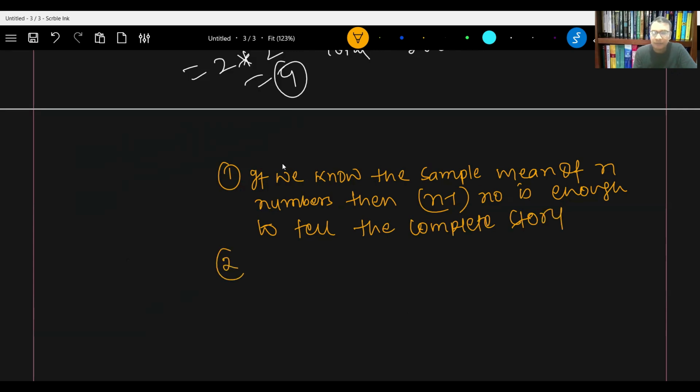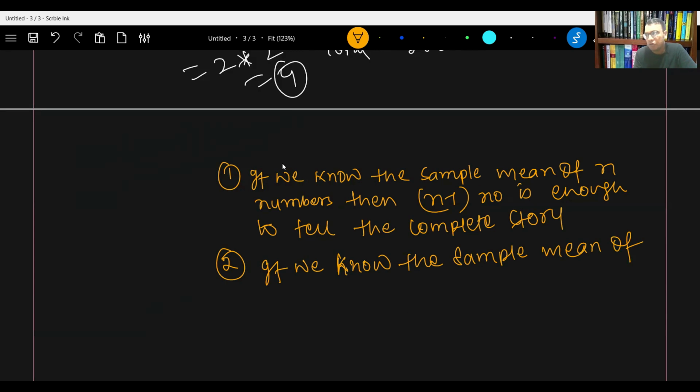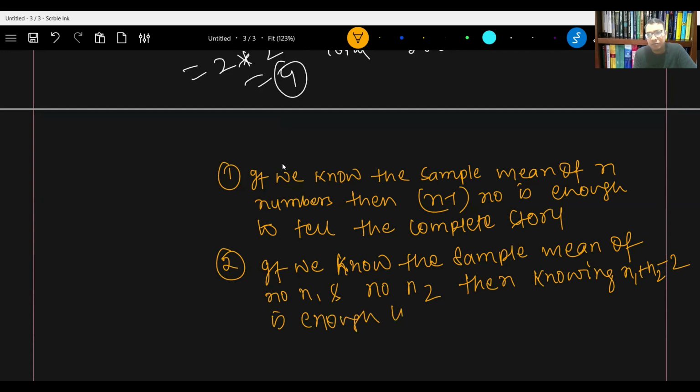Second, if we know the sample means of two sets, with n1 and n2 numbers, then knowing n1 plus n2 minus 2 values is enough to know the complete story.